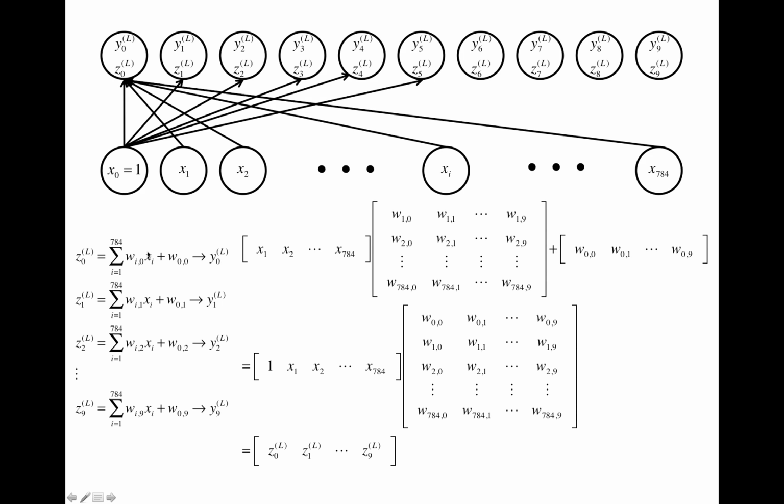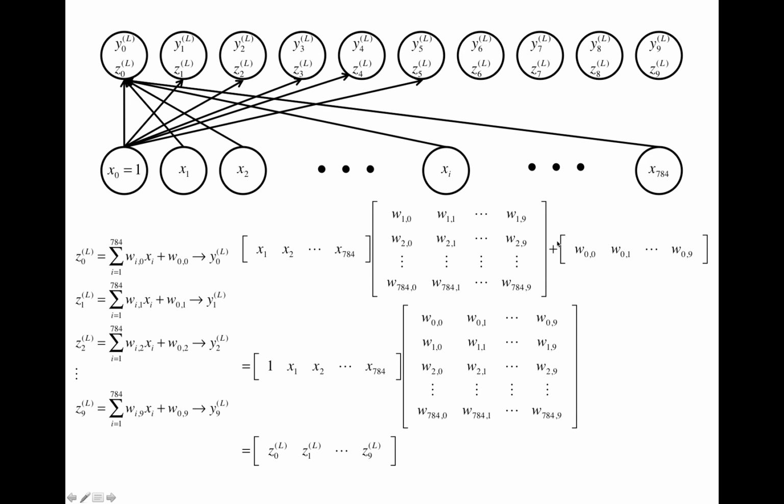But this summation with the row vector of the 10 bias terms can be absorbed into the matrix-vector multiplication if we add a number 1 at the beginning of the input image row vector, and then move these 10 bias terms to the top of the weight matrix.